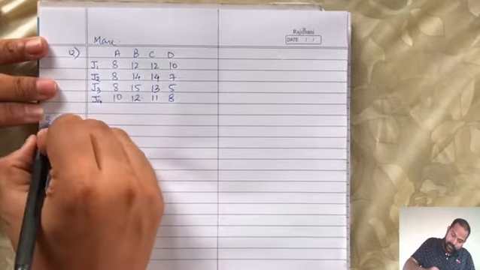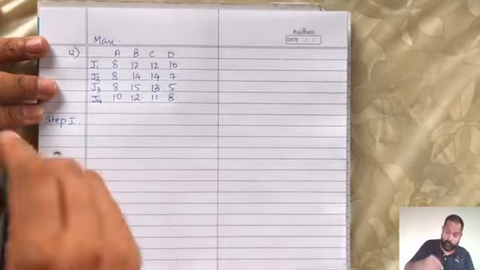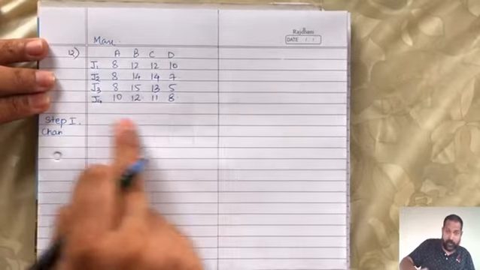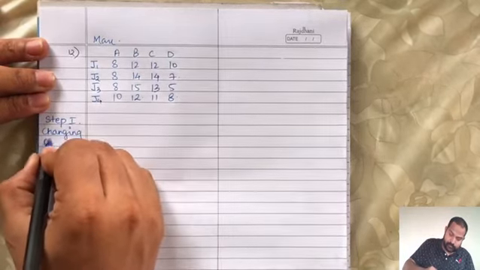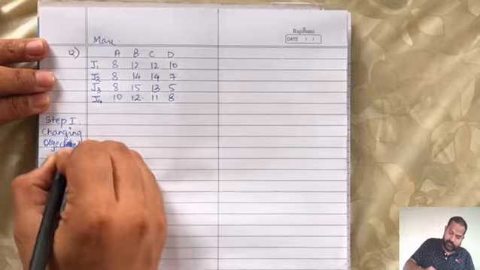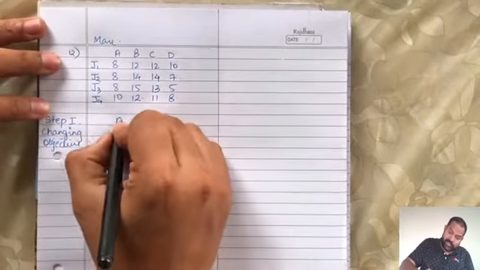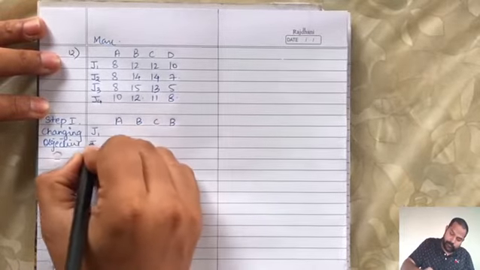So step 1 in this case, and I'm writing it here because I don't want to waste too much space, you make sure that you write horizontally, changing objective. What are you doing? You are changing the objective of the given problem.